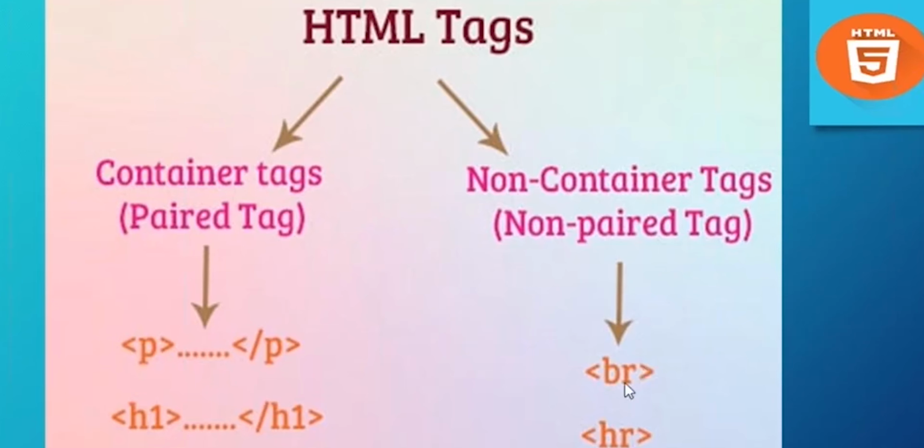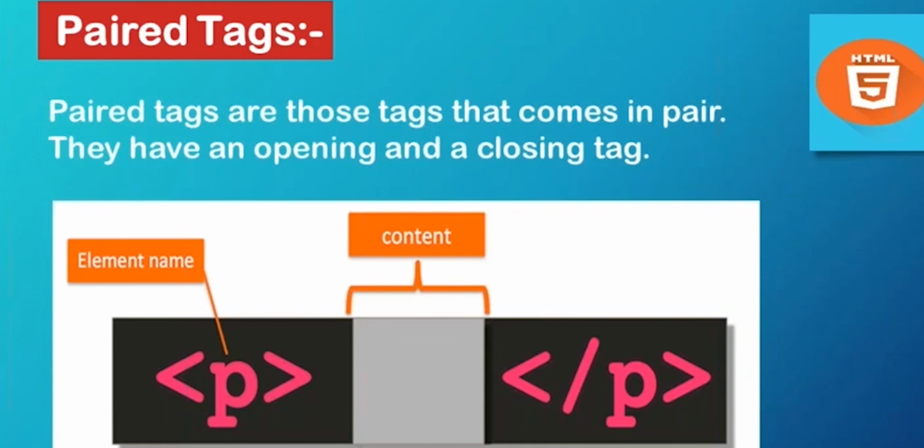Similarly, non-paired tags. See this one, these tags do not have any closing tags. These are single tags. You can see the paired sections have an opening tag along with a closing tag. The closing tag contains the / symbol, but non-paired tags do not have any closing tags. These are self-closing tags. See this one, pair tags are tags that come in pairs.